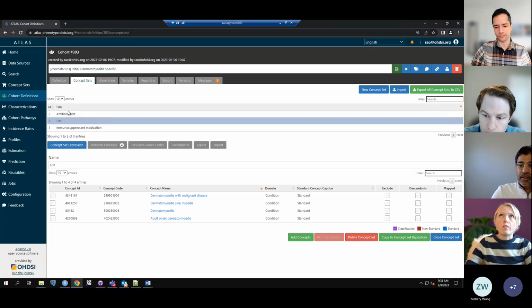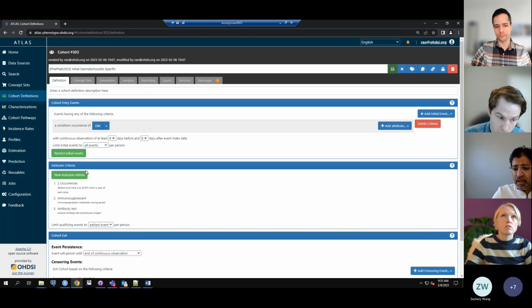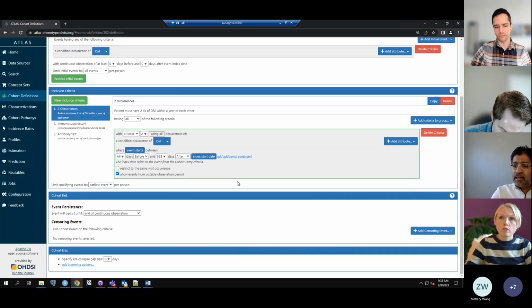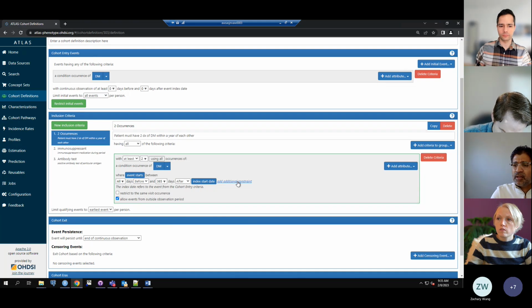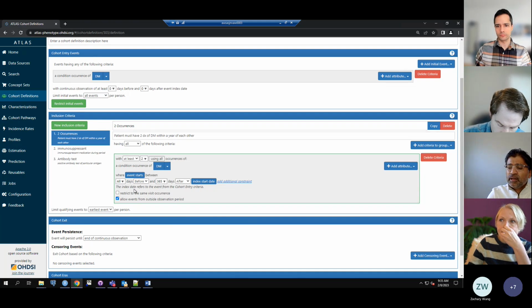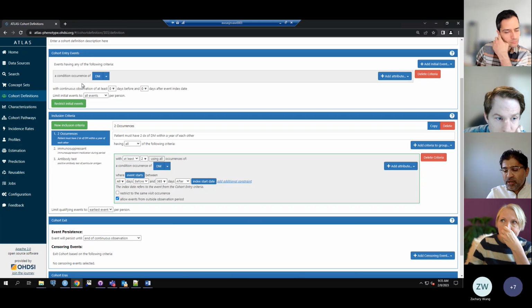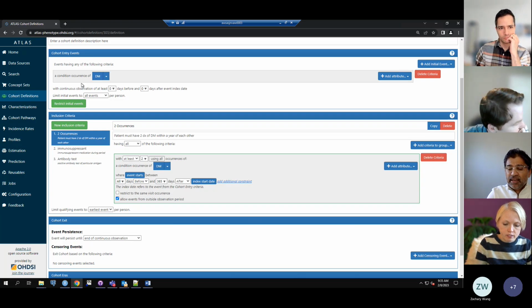If you want to, you could change the logic and make this a little bit more parsimonious by using the vocabularies. Now, in terms of the two occurrences, this is what this logically resolves to: anytime a person has the code, every date the person has the code, they would enter.